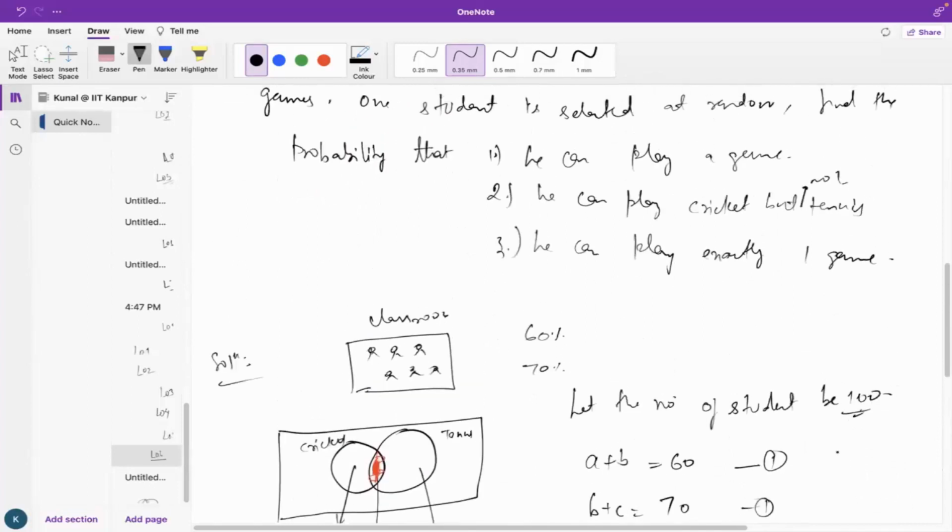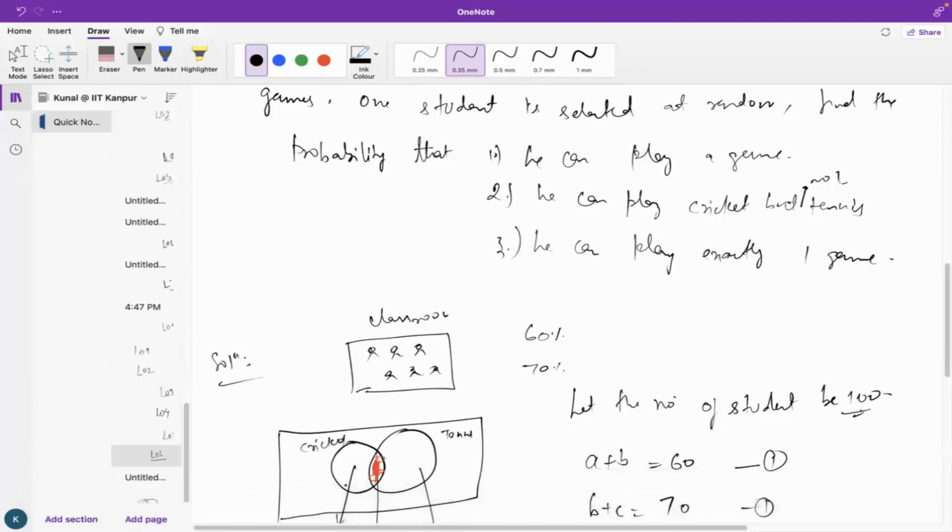Now, what's next we have to find? The next we have to find that he can play cricket, but not tennis. Let me tell you one thing. First, try to analyze this whole situation.